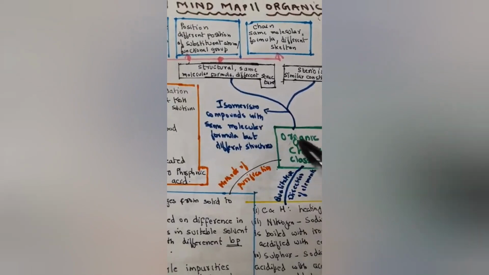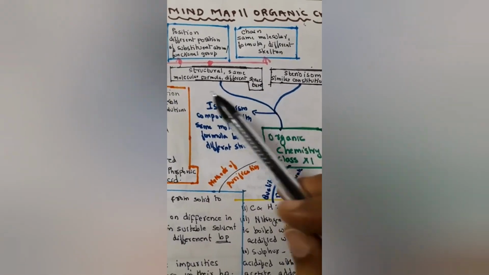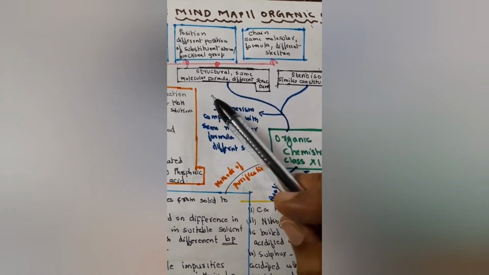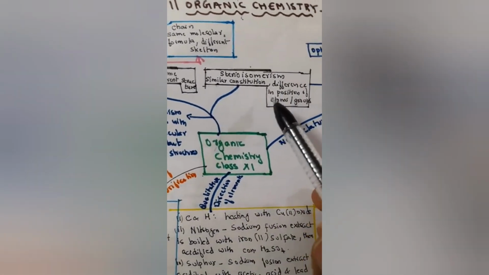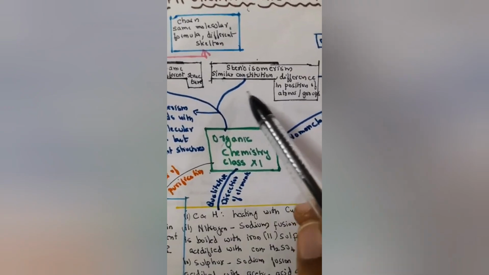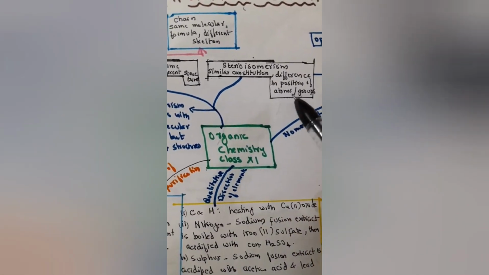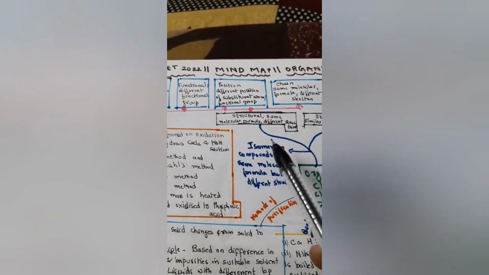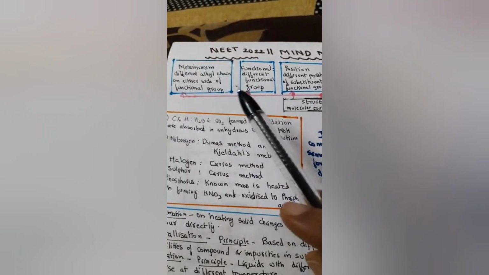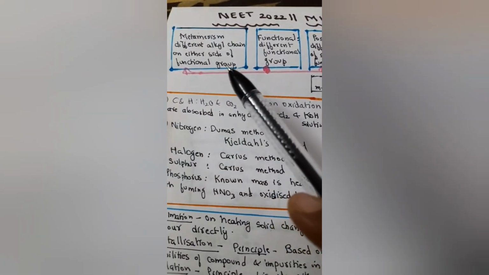Now see this isomerism, it can be classified into structural, that is same molecular formula but different structures, and stereoisomerism, that is similar constitution but difference in position of atoms or groups. Now structural can be classified like metamerism. What is metamerism?